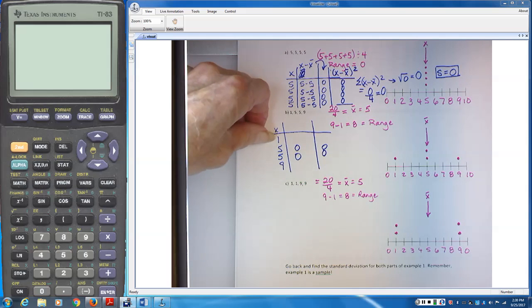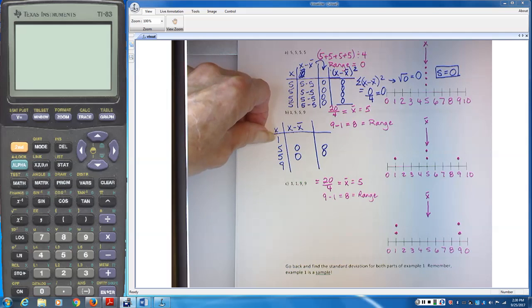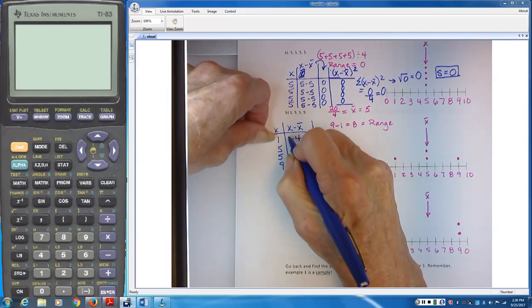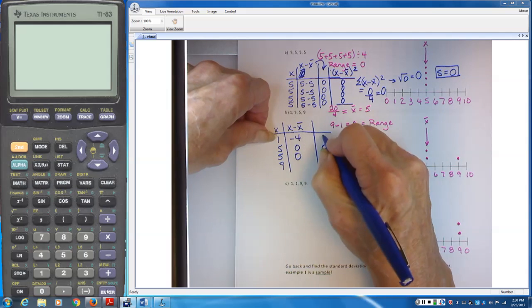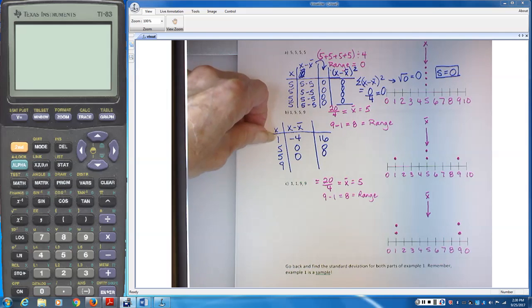But what about 1 minus 5? Because remember, I'm subtracting the mean. What's 1 minus 5? Negative 4. And then negative 4 squared is 16. Not negative 16. Negative 4 times negative 4 is positive 16.